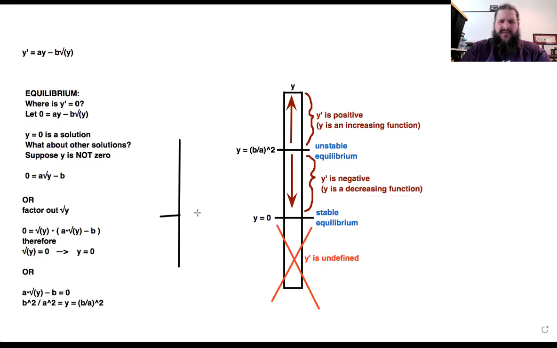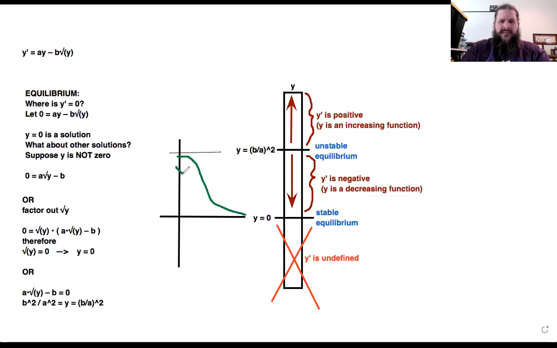But what I'm seeing is if we were to graph this, we've got these asymptotes at 0 and negative b over a squared. What the solution curves are going to look like, I would expect, is that we know it's going to be diverging away from this asymptote and approaching this asymptote.